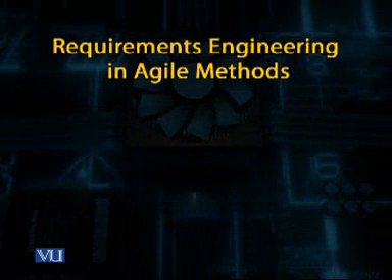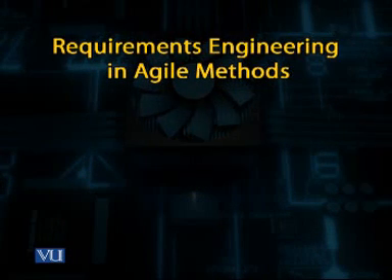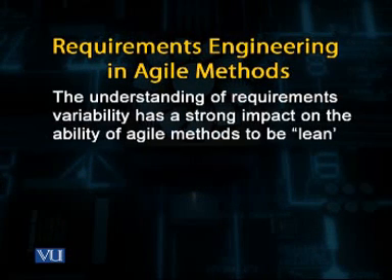And so you see that the continuous involvement of the customer is a must. However, we may have to limit our development team in making contact with the customers. The understanding of requirements variability has a strong impact on the ability of agile methods to be lean.